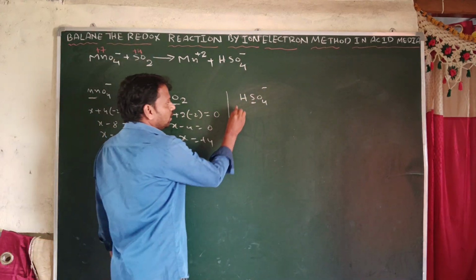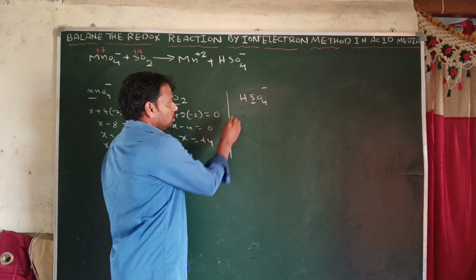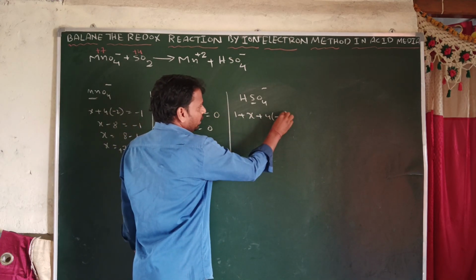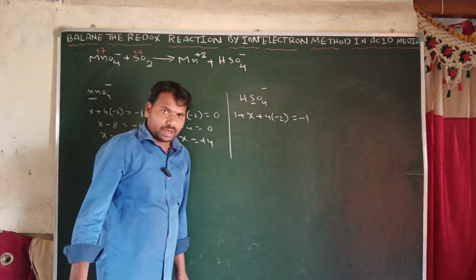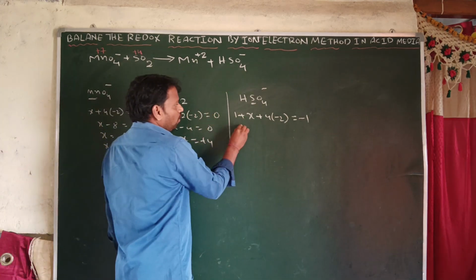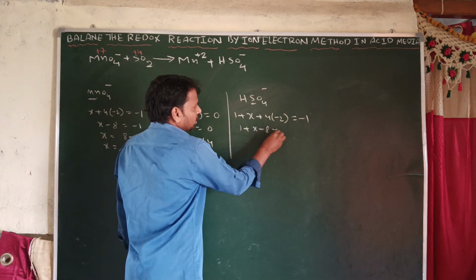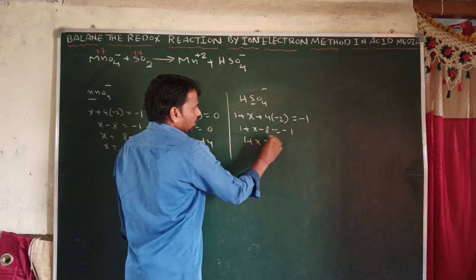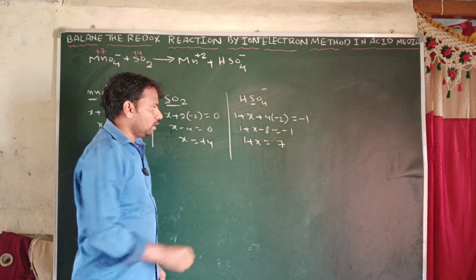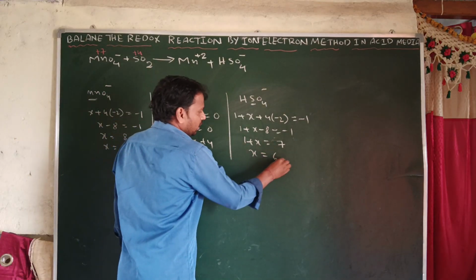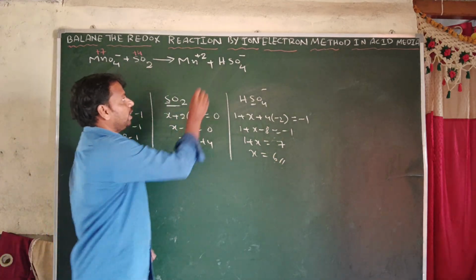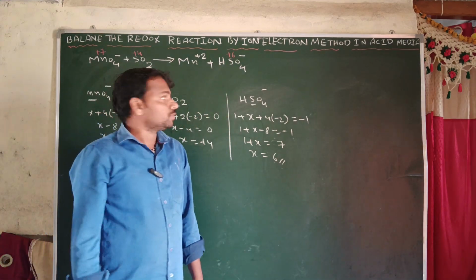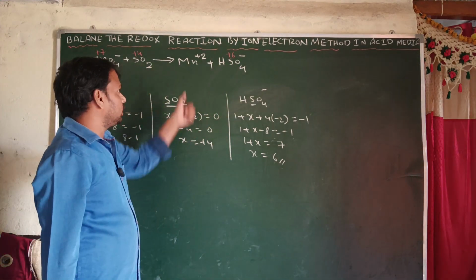Hydrogen is plus 1, so 1 plus x plus 4 into minus 2, balanced with minus 1. 1 plus x minus 8 is equal to minus 1, so 1 plus x is equal to 7. x is equal to 6. We write plus 6 on sulfur. So these are the oxidation states we found.